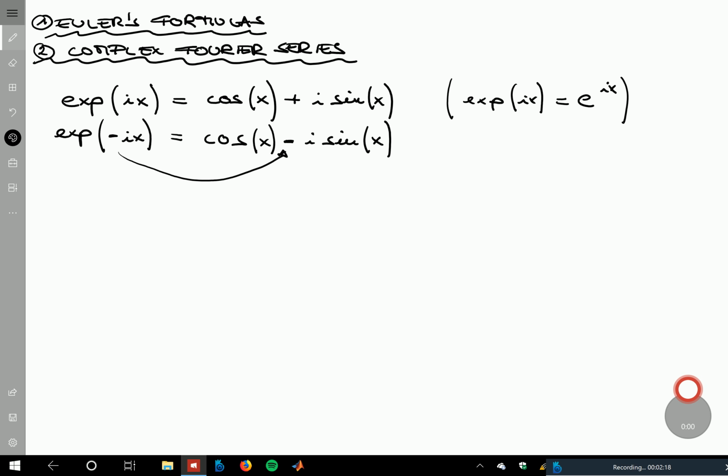And at least to me, this is surprising that this holds. So that if you have the exponential function and you put a complex number into it, then you get cosine and sine. It's somewhat surprising.